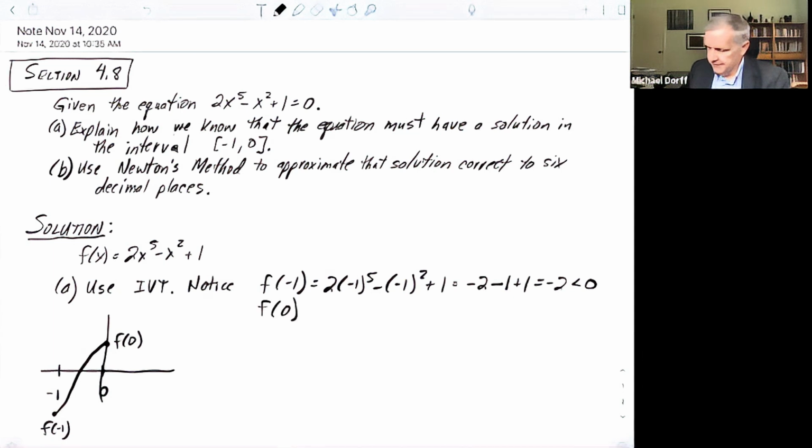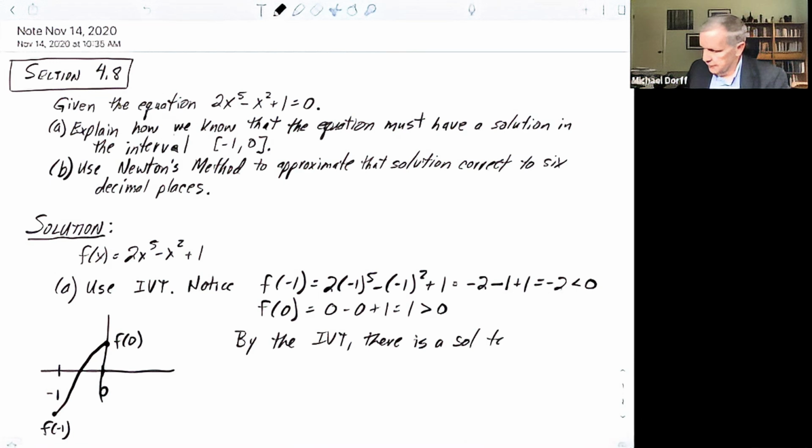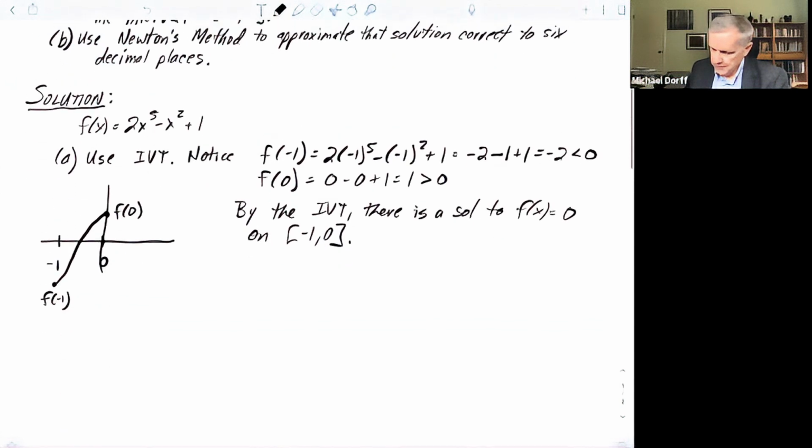Now if I look at f(0), that one's pretty easy to do because I get 0 minus 0 plus 1, which is 1, which is greater than 0. So by the intermediate value theorem, there is a solution to f(x) = 0 on the interval from -1 to 0. So that's part A.